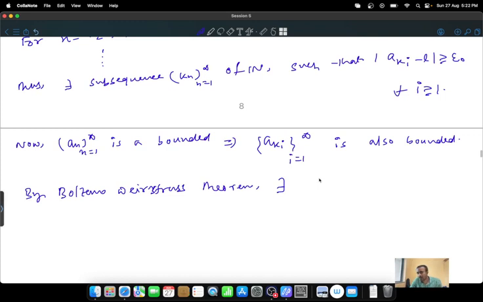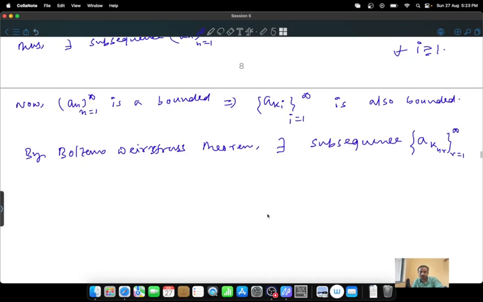To avoid conflict of notation, let me write n_r, where r equals 1 to infinity.